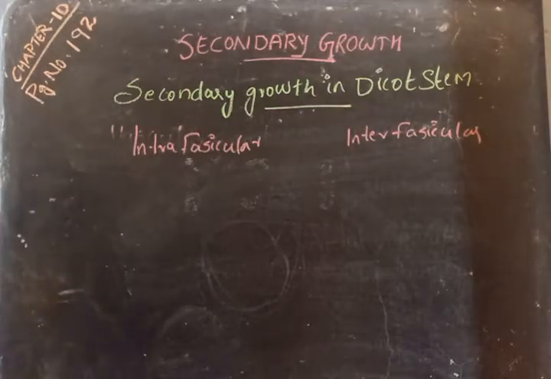The first difference is that intrafascicular cambium, or fascicular cambium, is present inside the vascular bundle, whereas interfascicular cambium is present in between the vascular bundles.